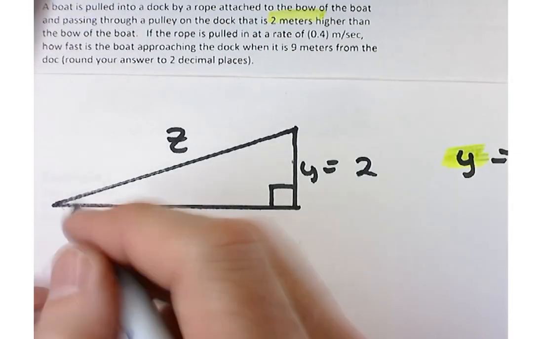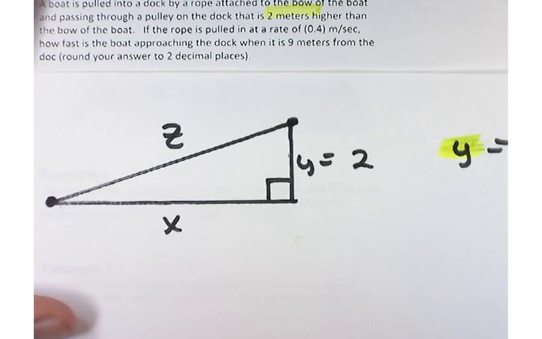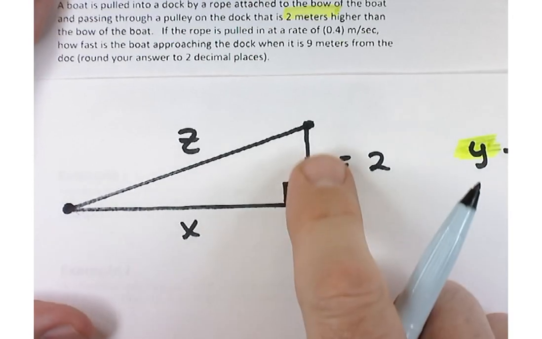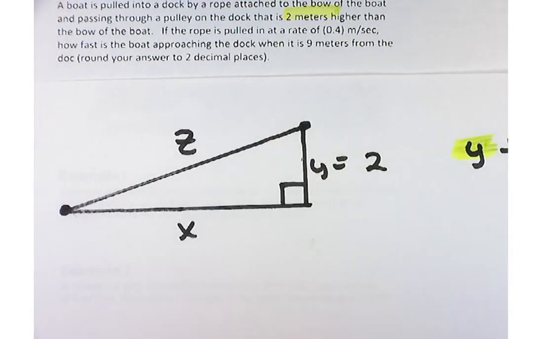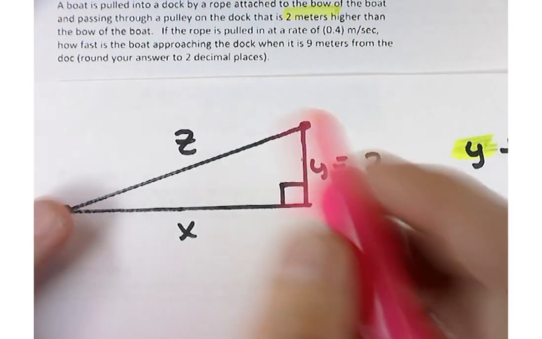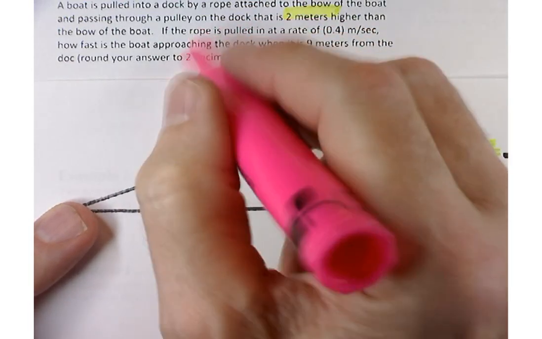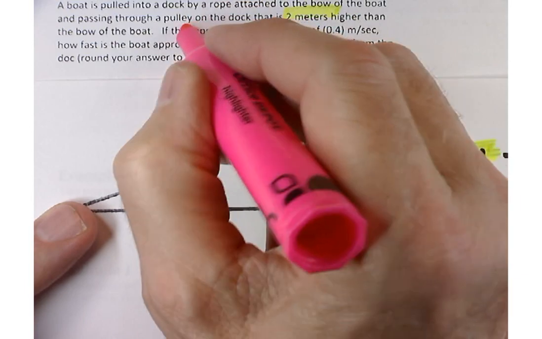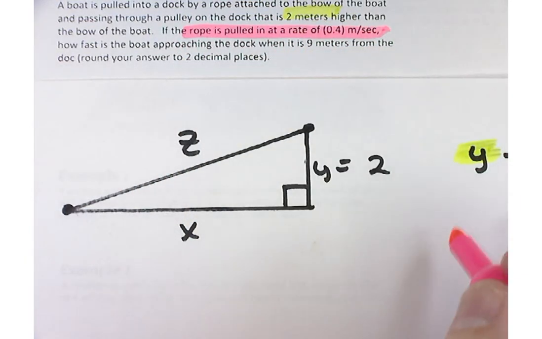Now the rope is attached to the bow and to a pulley on the top of the dock. So that's actually a rate, and we have to express it as such. The rope is pulled in at a rate of 0.4 meters per second.